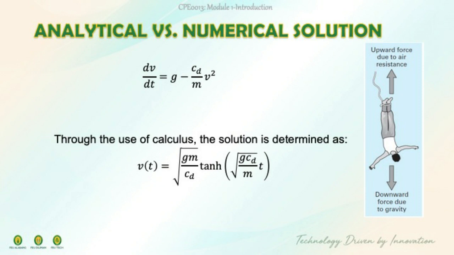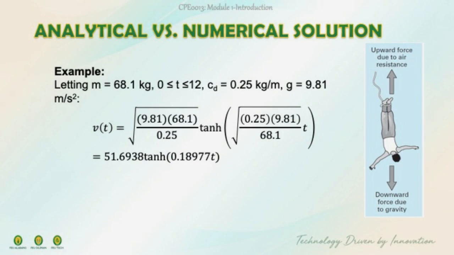So, let's have an example of an analytical solution to the bungee jumper problem. Our problem statement: a bungee jumper with a mass of 68.1 kilograms leaps from a stationary hot air balloon. We have to use, of course, our v of t to compute velocity for the first 12 seconds of free fall, using a drag coefficient of 0.25 kilograms per meter and an acceleration due to gravity of 9.81 meters per second squared.